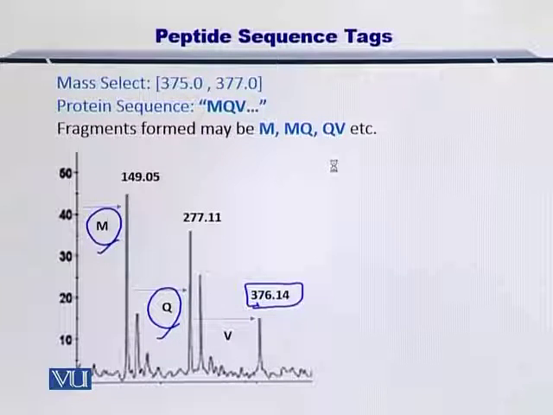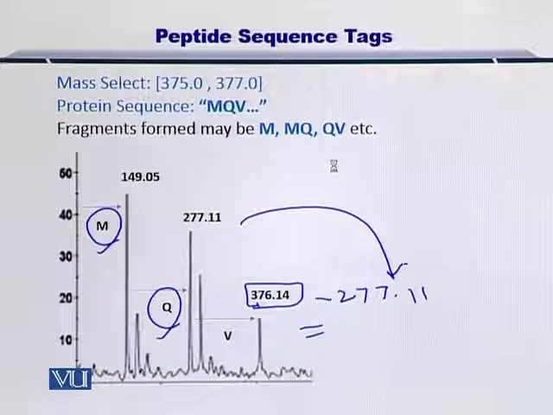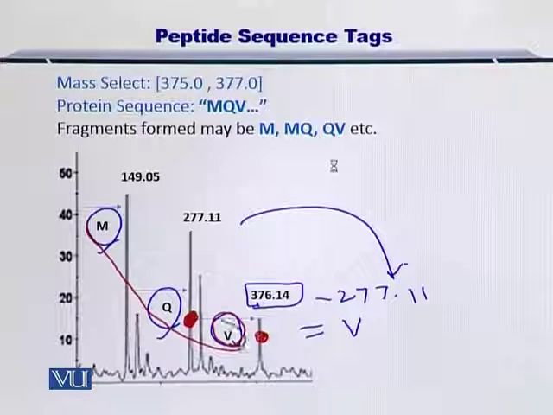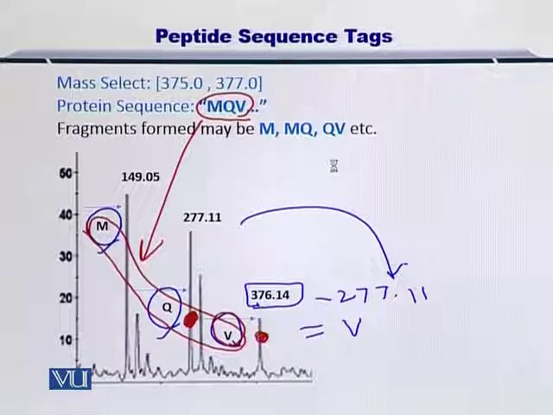So if you subtract 277.11, then you arrive at the molecular weight of valine, or V. So you can then say that this is V. Using the same approach repeatedly, you have subtracted this peak from this peak and arrived at V. You will notice that you're already forming the sequence of the protein.